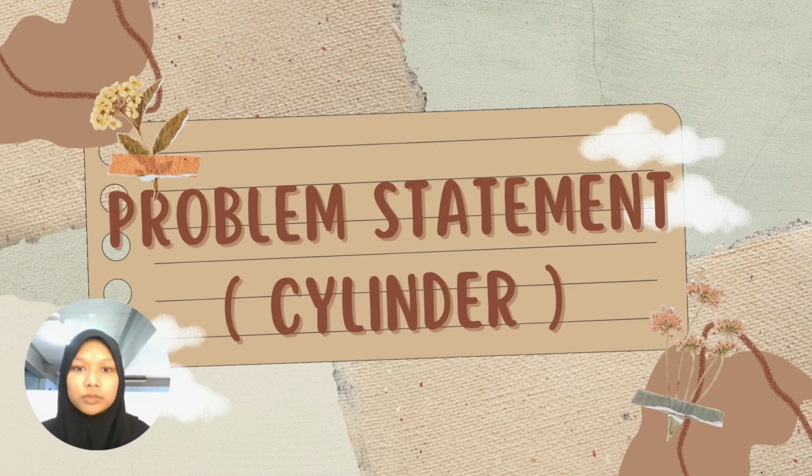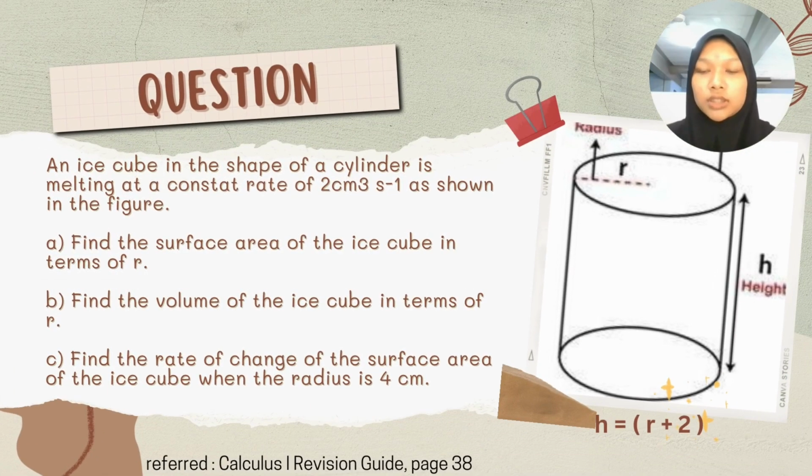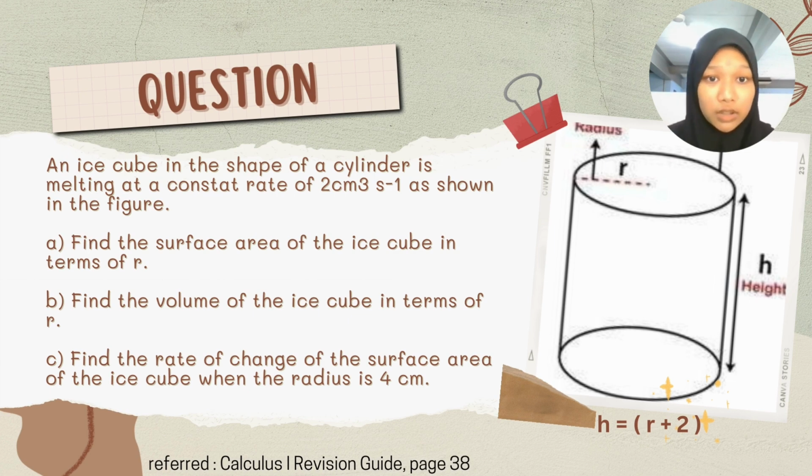So this is the problem statement, which is a cylinder. This is an example question. As you can see on the right, there is a figure of a cylinder with the radius and the height, and the given information says the height is equal to the radius plus 2. So let's see the question.